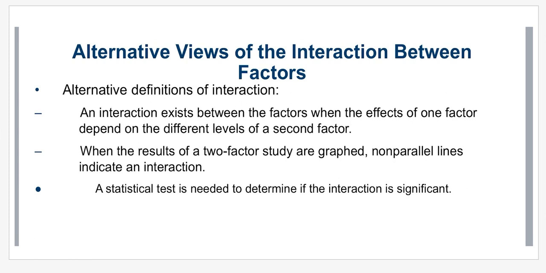You can say that an interaction exists when one factor or independent variable is affecting the other. But you can also say when the effects of one is dependent upon the levels of the other. Remember that word: it depends. When you see that, that should be a red flag that there is an interaction involved.